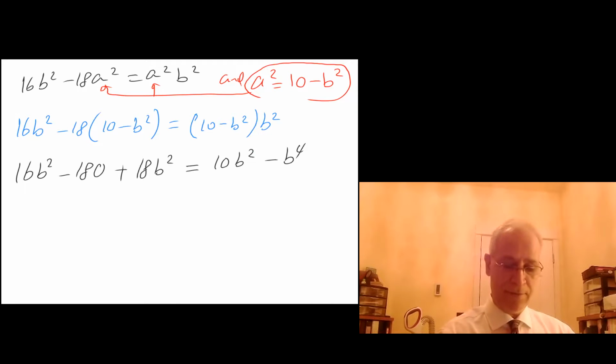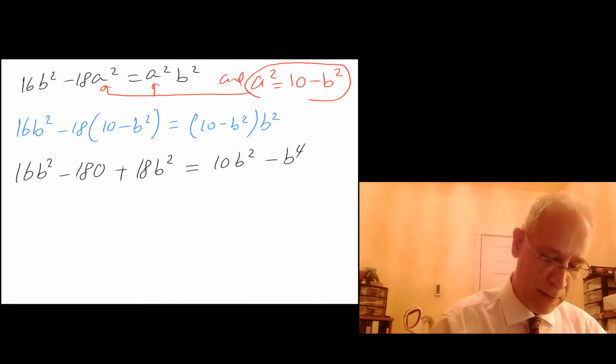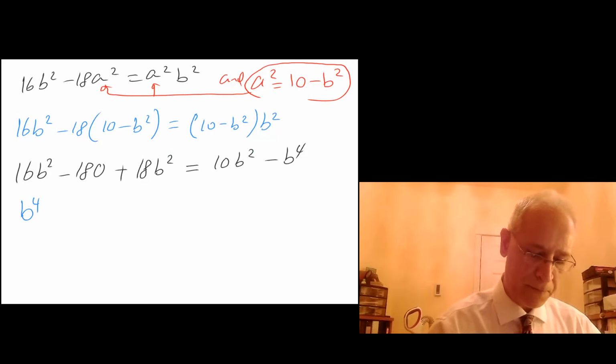Subtracting b to the power of 4 from both sides, I get b to the power of 4.